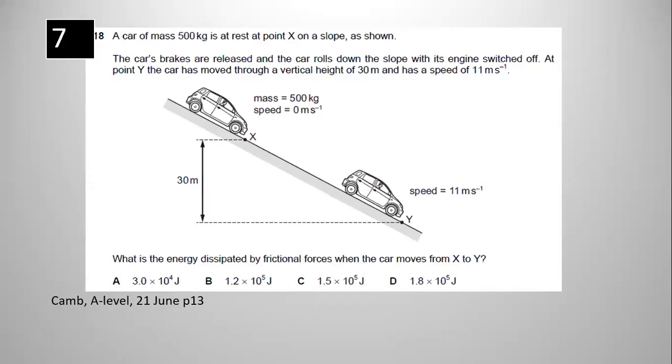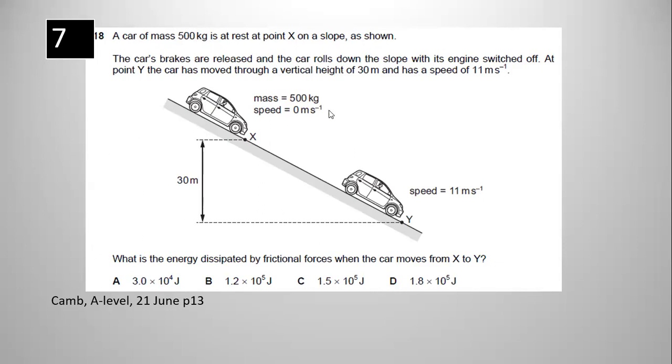Okay, let's try a Cambridge A-level question. This is 2021 June paper 13. A car of mass 500 kilogram is at rest at point X on a slope as shown. Cambridge usually likes to draw a picture for you, to help you understand and picture it more easily.